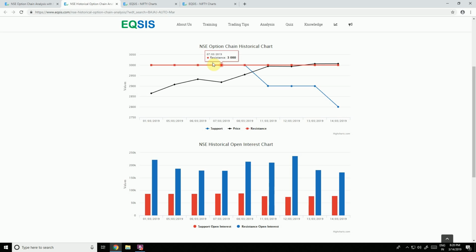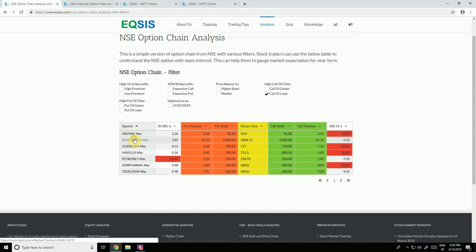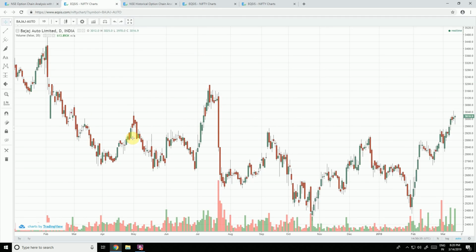Okay, but when you look at the call options, I mean the red is actually the call options, and the put option is actually the blue one. Okay, so the price is back to the 3,000 range. So we look at the chart of Bajaj Auto now.